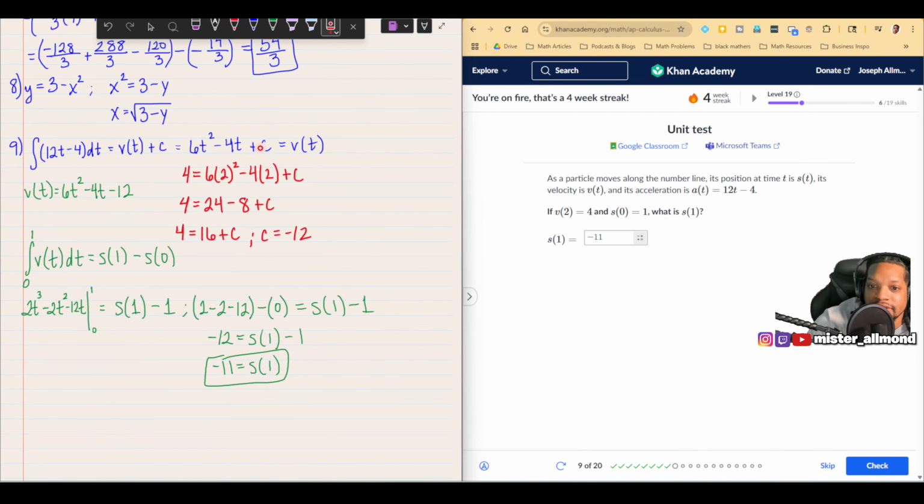Integral from 0 to 1 of my velocity function, which was 6t squared minus 4t minus 12 dt, and I did get negative 12, and then I add 1 to that, and I got negative 11. So let's go. Whew.